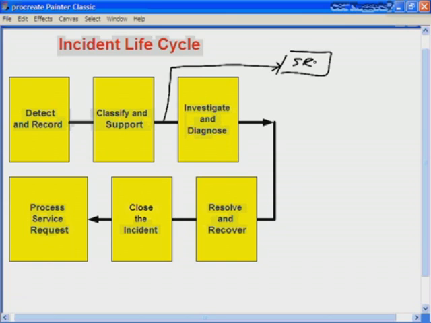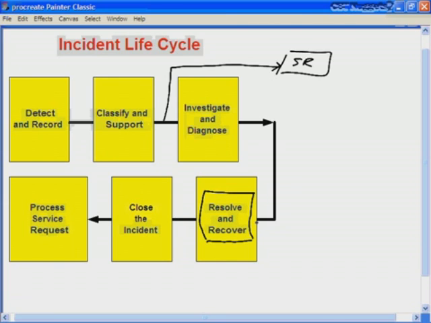Investigation and diagnosis: if there's no known solution at that particular first tier, then the incident is going to be investigated, either further by that group, or it could go through an escalation process. Once you find a solution, the issue can then be resolved and the system can be recovered. And again, this step must take place.